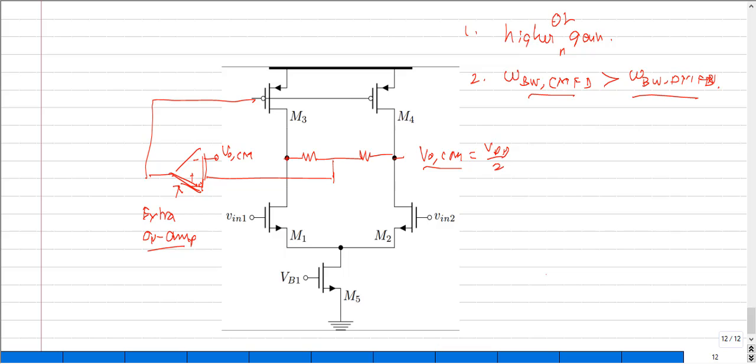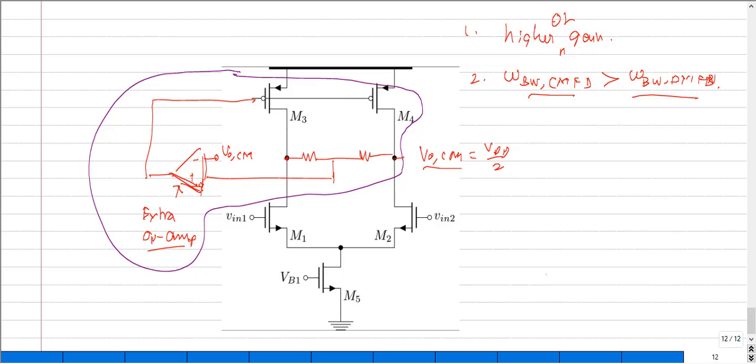Why did I state this condition? The entire set of structure that I have drawn is termed as the common mode feedback amplifier, and this amplifier should have a larger bandwidth than the differential mode feedback circuit.